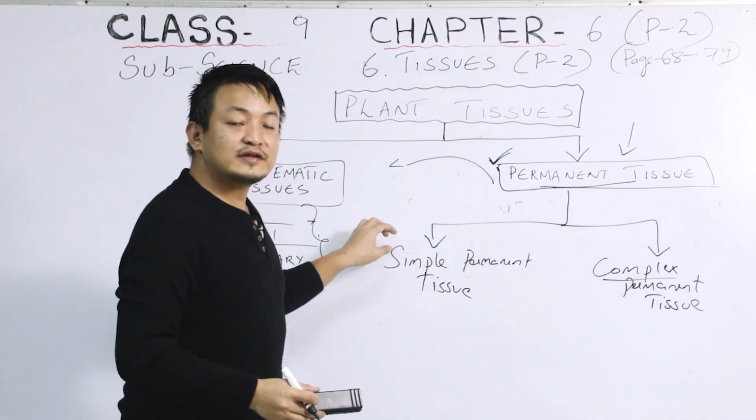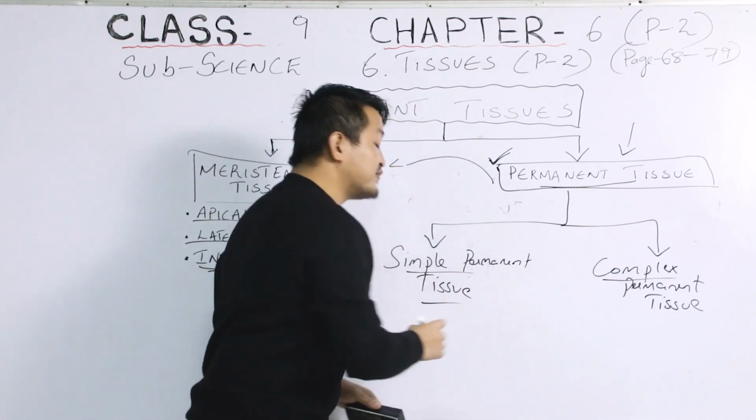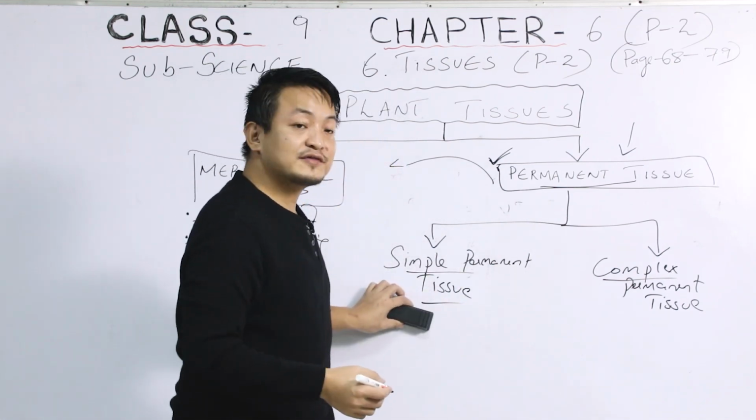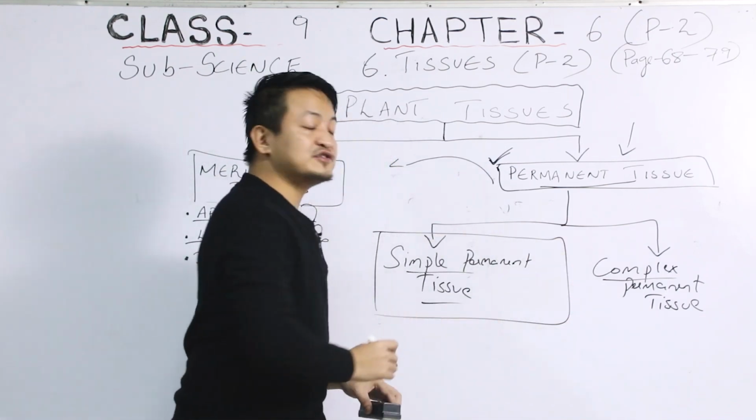Based on the nature of the cells, simple permanent tissue is further divided into three types. So we will study simple permanent tissue now.